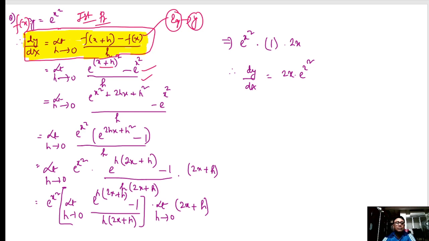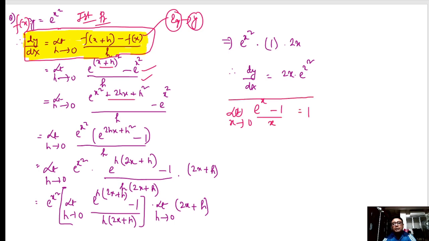Clear? Now see how to write this formula. (x plus h) whole square is opened up. Now we will take e to the power x square common, so this comes here, minus 1. Please note that there is a formula: limit x tends to 0, e to the power x minus 1 by x, is 1.